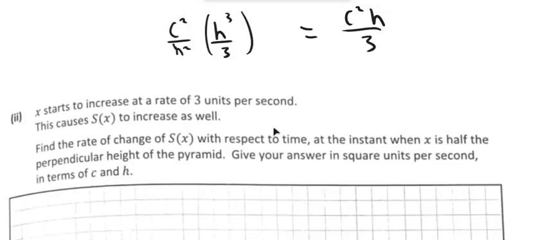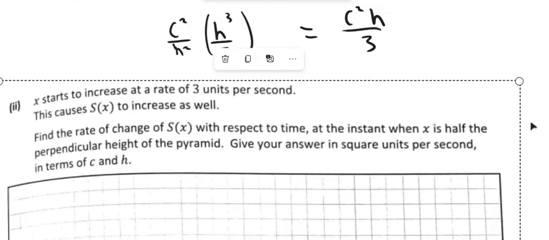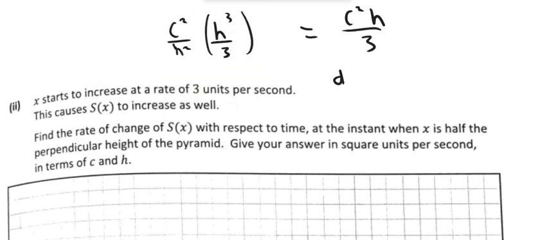Right, so last part then, we're going to be changing variables a little bit. So x starts to increase at a rate of 3 units per second. So straight away we can call that dx, and it's in terms of time, so dx dt is equal to 3.